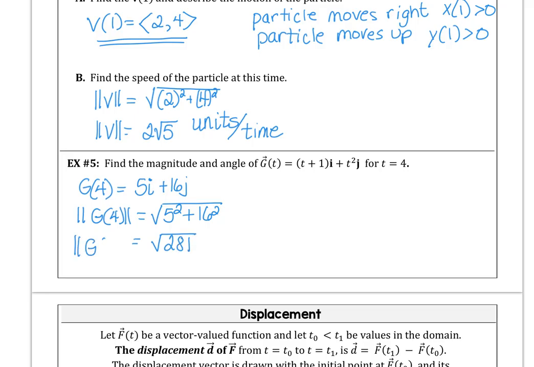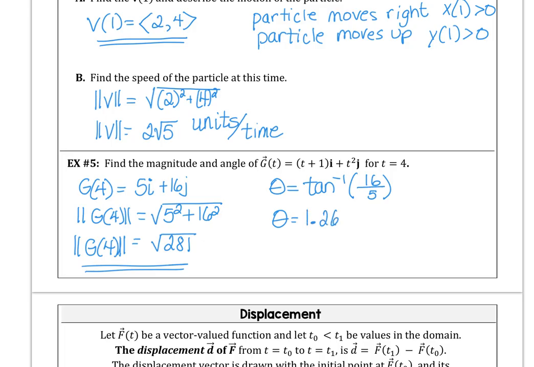So this is our magnitude. And we want the angle. The angle would be where theta is tan inverse of 16 divided by 5, and I need my calculator to do that. So tan inverse is 1.268 radians, the angle.